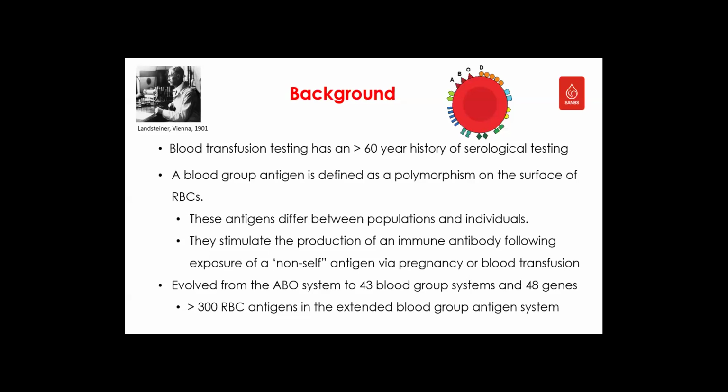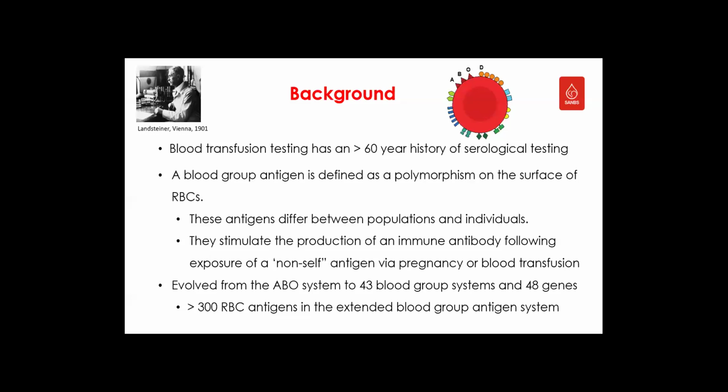So coming back to the serology, these antigens stimulate the production of an immune antibody response following exposure to non-self antigen via pregnancy or blood transfusion. And this results in antibodies that on occasion make patients untransfusible. And it's really a consequence of the serology not being sensitive and or specific enough, and thereby the body is exposed to non-self.